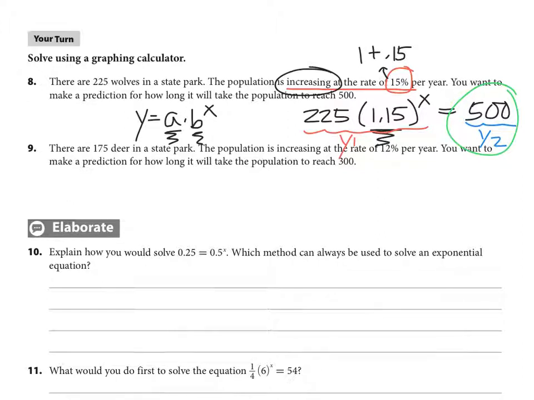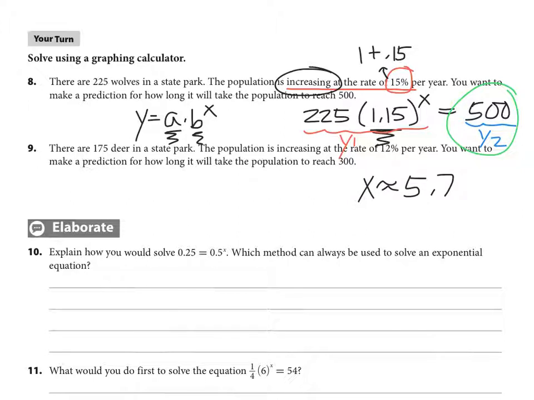So I go to second trace, number 5, and then press enter 3 times. And I get a decimal number. So this is usually the case for a word problem. So in this one, I get x is approximately 5.713 and so on.